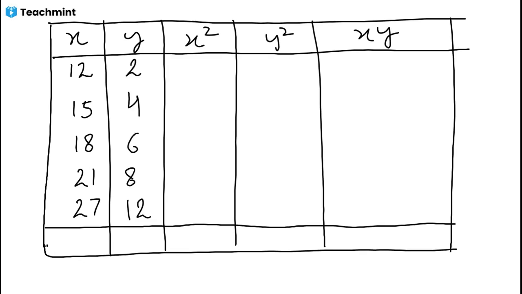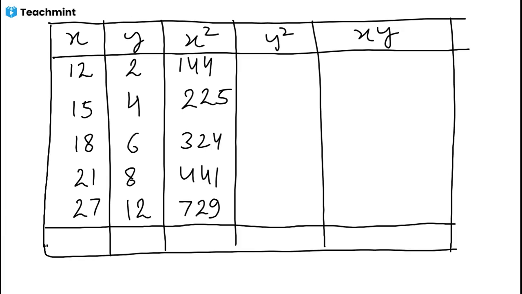Now x square: 12 squared is 144, 15 squared is 225, the square of 18 is 324, the square of 21 is 441, and the square of 27 is 729.